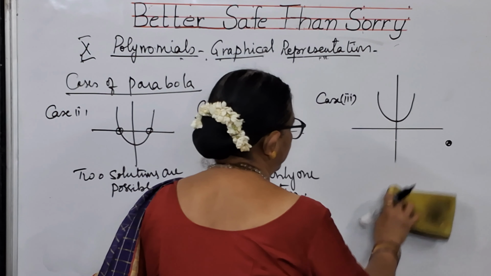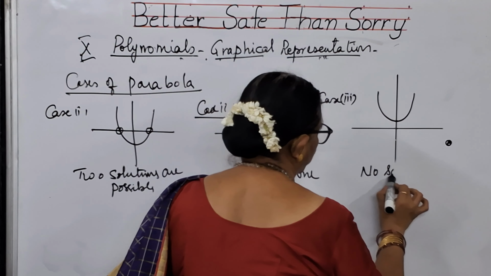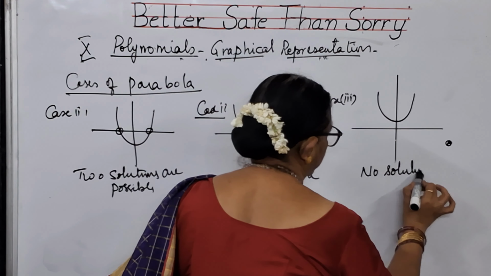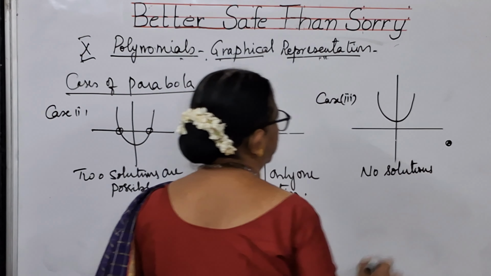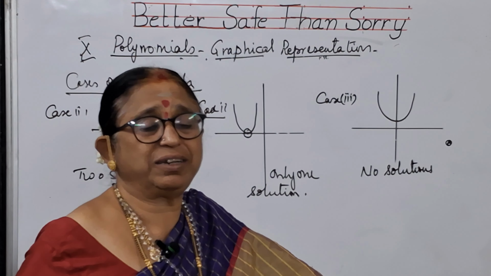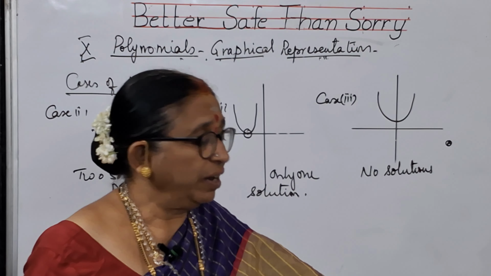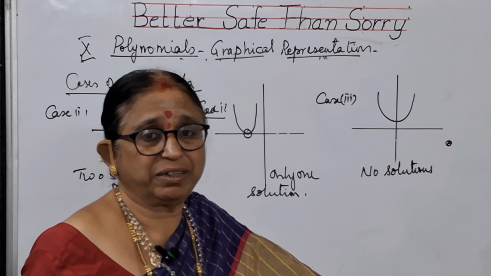Here what can you say? There are no solutions. What do you mean by this? You will not get any solution for that. It is a complex root or complex solution. It's not possible for you to get the solution.